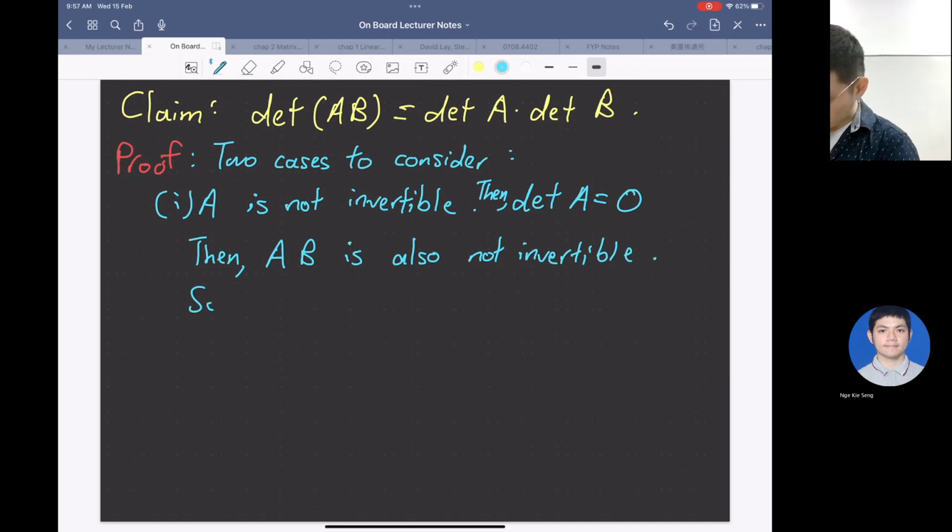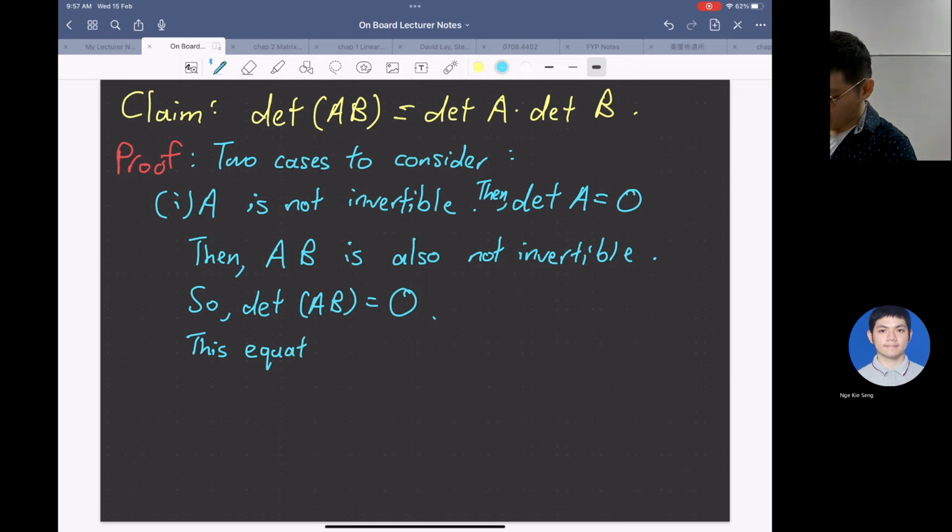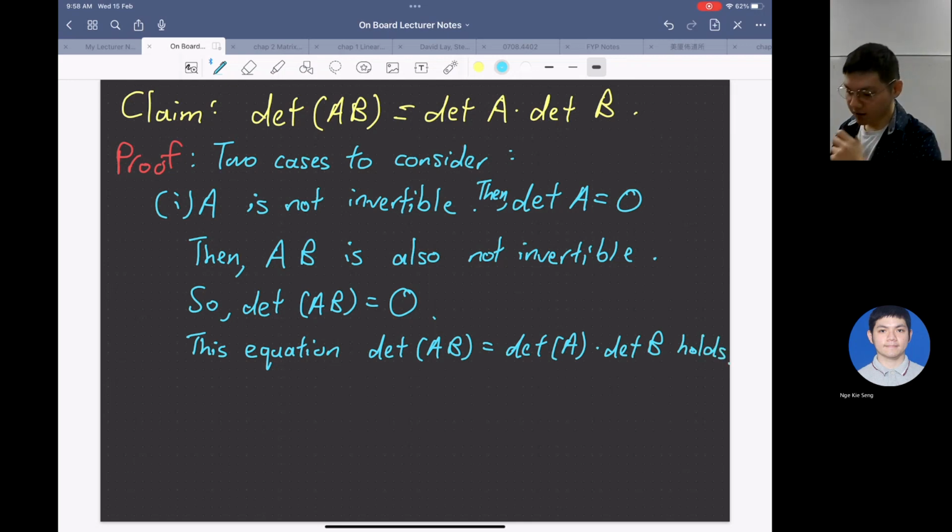So the determinant of AB is 0 again. I don't need to know what the determinant of B is; 0 equals 0 times anything. So this equation holds: determinant of AB equals determinant of A times determinant of B.